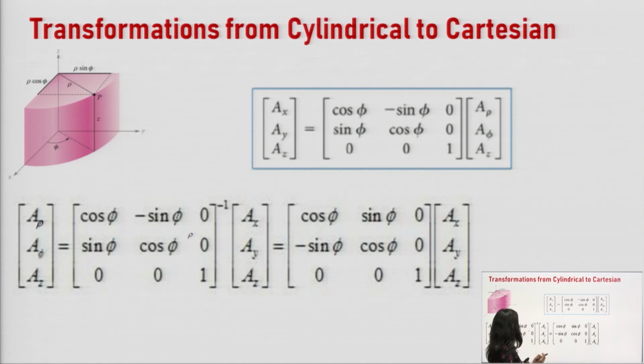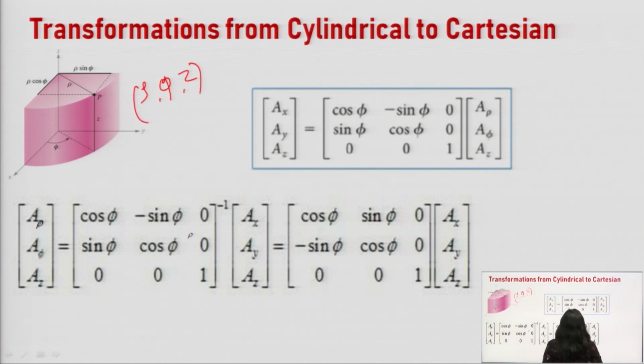Now we will see how to transform a vector or a point from one coordinate system to another coordinate system. As for example, here this is the cross section of a cylinder. In cylindrical coordinates we have three parameters: rho, phi and z.